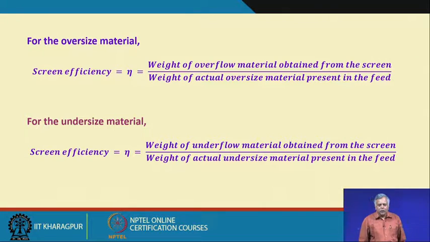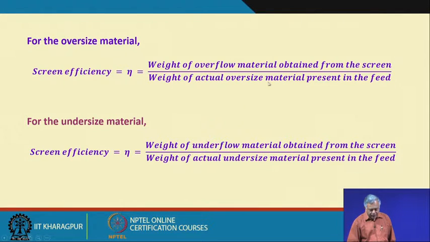Now, if I define the screening efficiency based on the oversized material, then the screen efficiency is defined as the weight of overflow material obtained from the screen, that means how much oversized material you have got through the screening operation, over the weight of actual oversized material present in the feed.